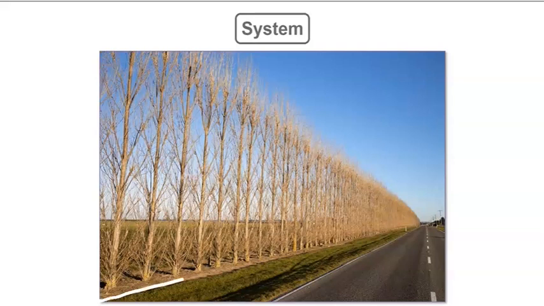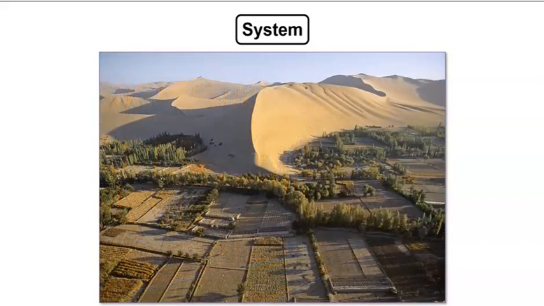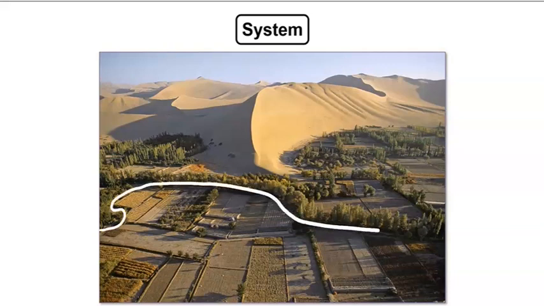This picture shows a system. A system is a group of parts working together. The parts of this system include the trees and the farmland behind the trees. This picture also shows a system, or a group of parts working together. The parts of this system include the trees, the farmland, and the surrounding hills of sand.